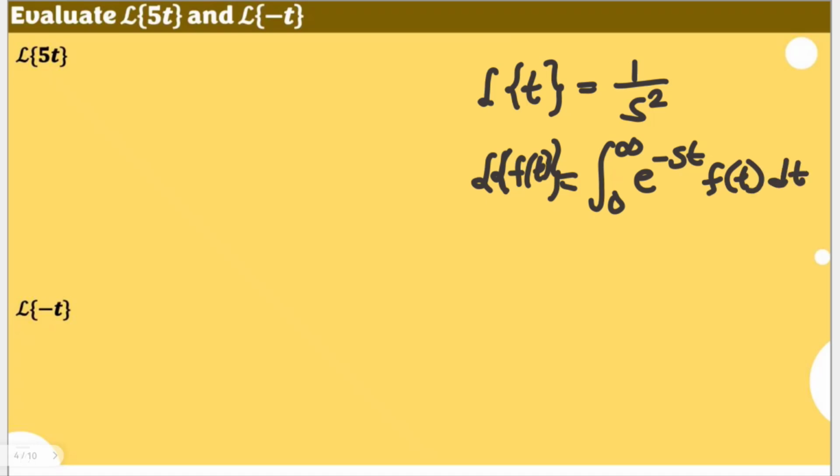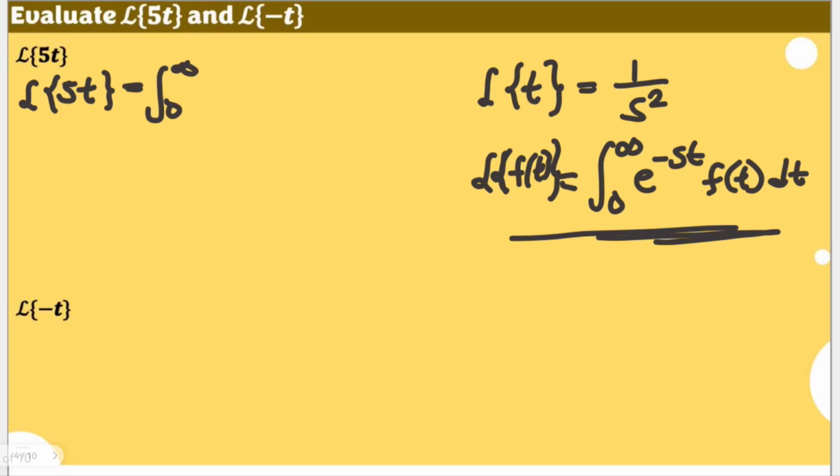Now, we may not be using this in solving for the Laplace transform of 5t and the Laplace transform of negative t, but we might include a little discussion to also generalize forms like this. So the Laplace transform of 5t, following this formula, will be equal to the integral from 0 to infinity of e to the power of negative st, where your f of t is 5t, dt.